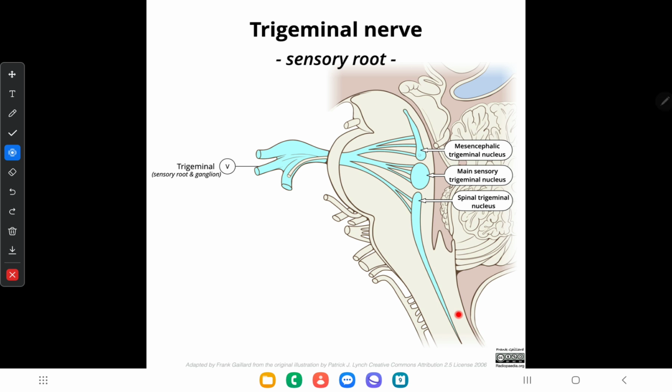Then you have the mesencephalic trigeminal nucleus, which lies in the midbrain, but it continues inferiorly with the principal nucleus of the trigeminal nerve. So, those are the three main sensory nuclei.